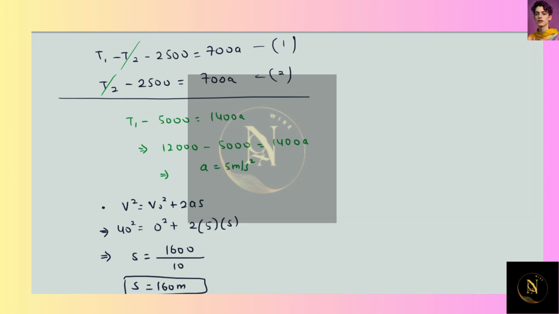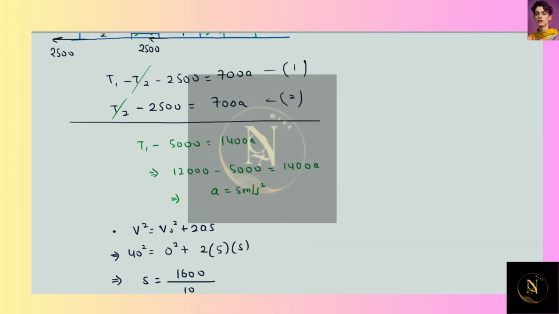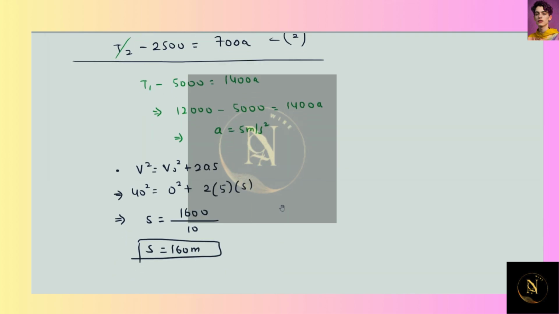Now the next part talks about the tension in the rope which is connecting the two gliders. In other words, they are asking for the value of T2. That would be pretty easy, because from equation number 2, we can get the value of T2.